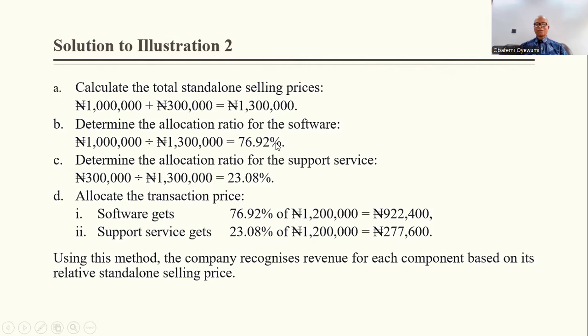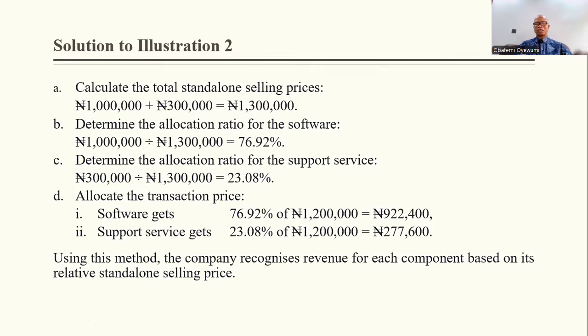Now, how do you allocate the transaction price? You use the percentages you have derived to multiply the amount that you are paying. You can see that in this particular case, a discount of 100,000 has been made available. So here we have a discount of 100,000 that will not be recognized separately.